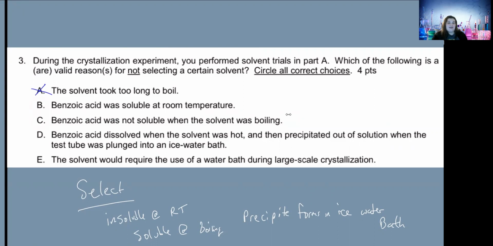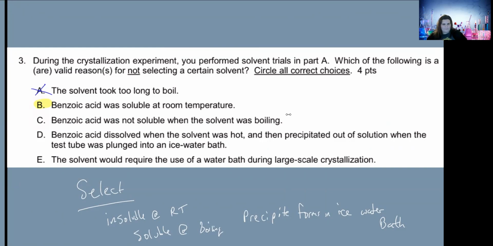All right. B, benzoic acid was soluble at room temperature. That's great, right? That is a good reason why you should not select a solvent, which is what this question is asking for. We would prefer something that's insoluble at room temperature. So having something soluble at room temperature is why you would not pick that solvent, okay?